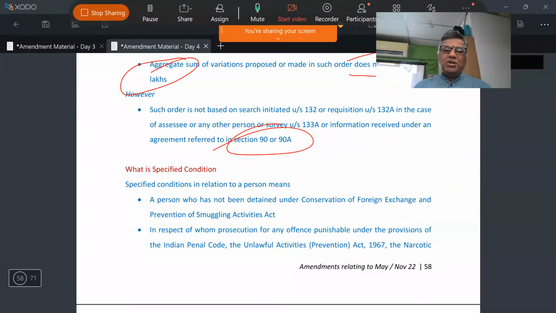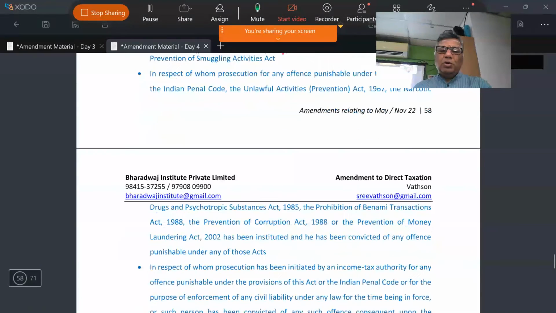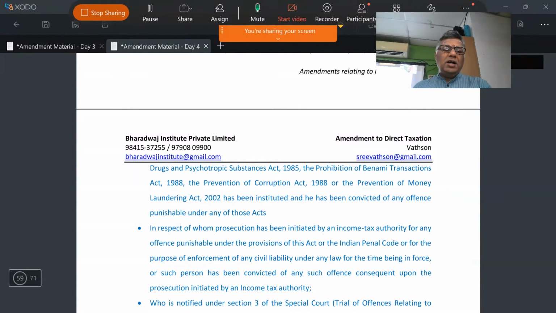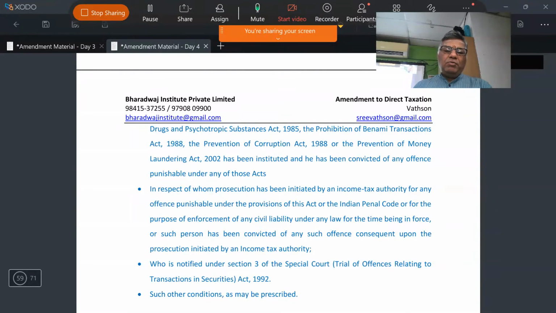Specific condition relates to a person who has not been detained, or proceeded against, order passed, under the foreign exchange and prevention of smuggling law, Indian Penal Code, unlawful drug and psychotropic substances, prohibition of benami transactions, prevention of corruption, prevention of money laundering, or in respect of whom prosecution has been initiated by the income tax authority for an offence under the provisions of the Act or Indian Penal Code for the purpose of any civil liability.